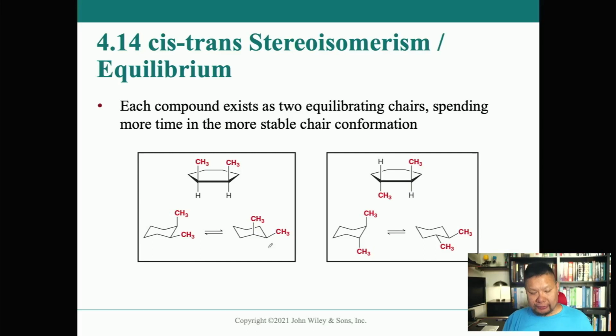So continuing from the previous slide, when you have a cyclohexane with two substituents on it, and they're on the same side, like you see right here, it's really hard to do. There we go.